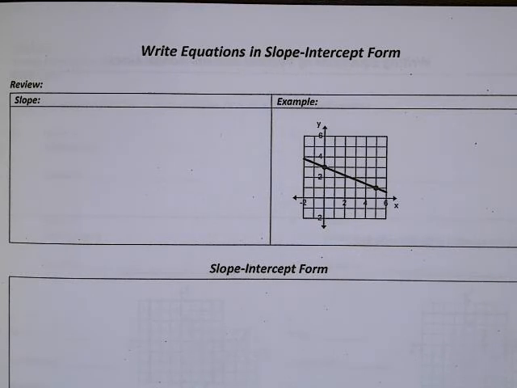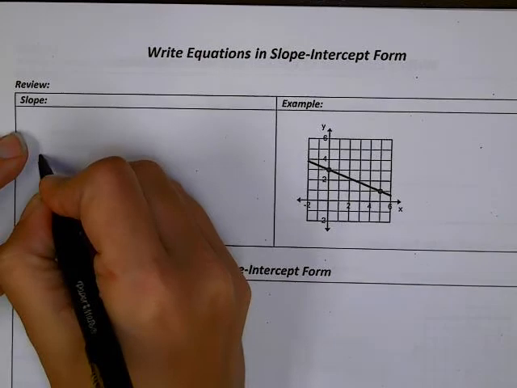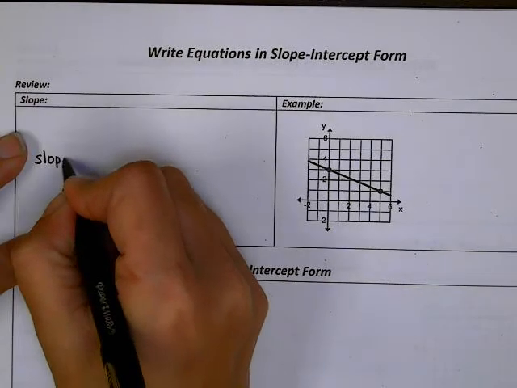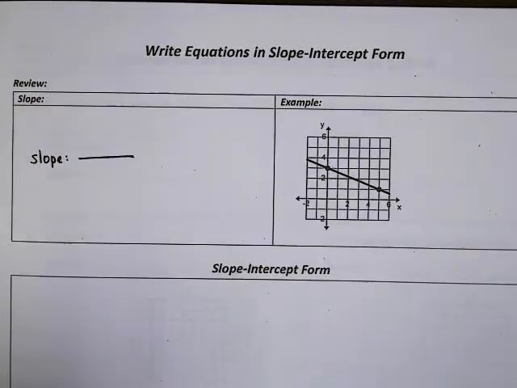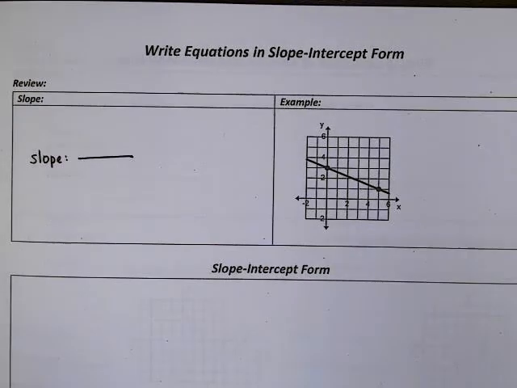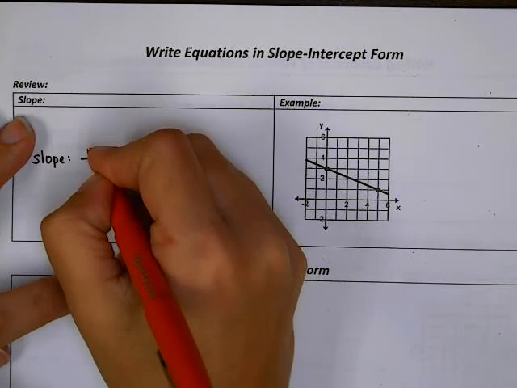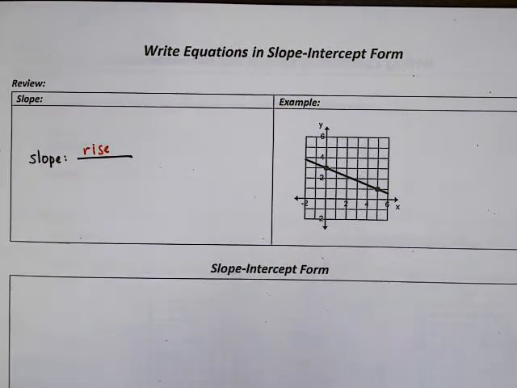So as a review, the slope of a line can always be found by looking at the ratio, which means it's always going to be a fraction, of rise over run.